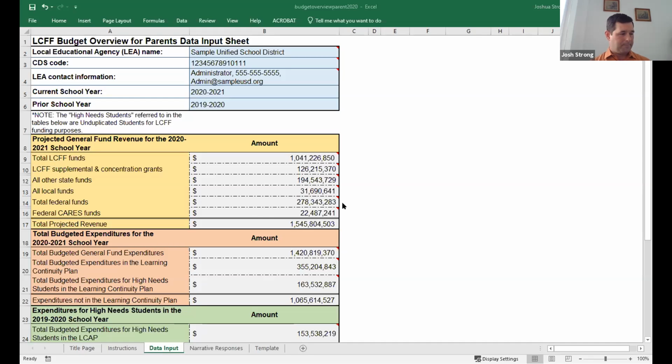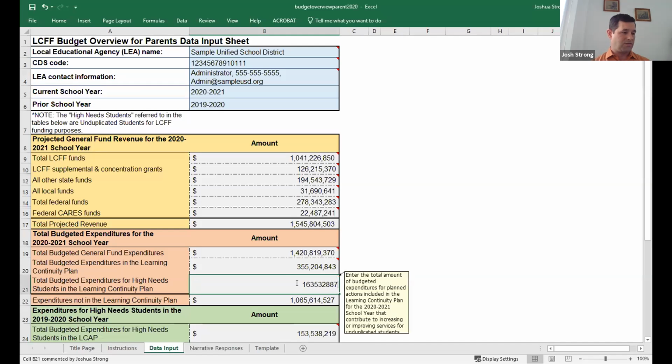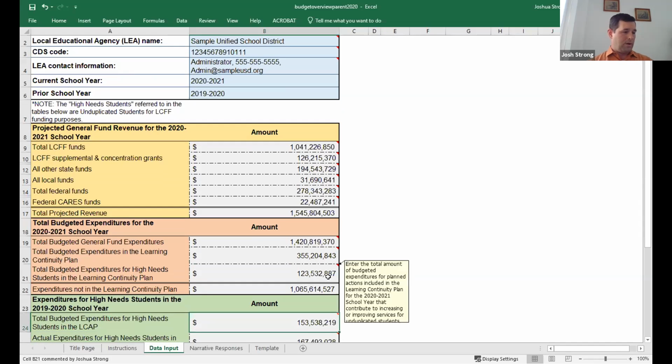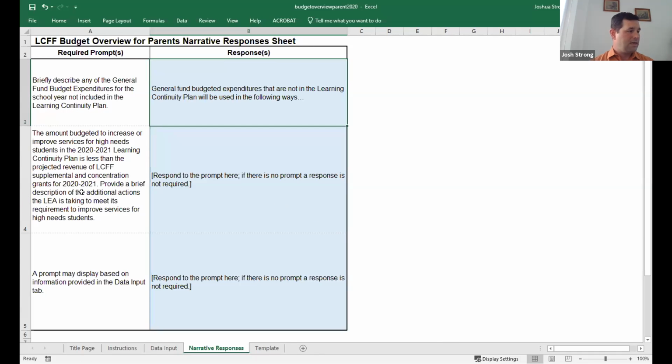So we'll change the total budgeted expenditures for high needs students within the learning continuity plan to that. And now when we come to the narrative response screen, you see that the second prompt has populated. So it's asking the LEA to provide a description of the additional actions the LEA is taking to meet its requirement to increase or improve services.